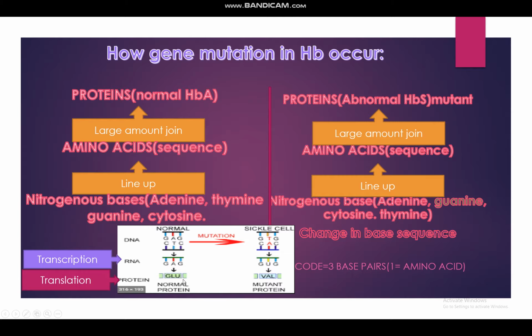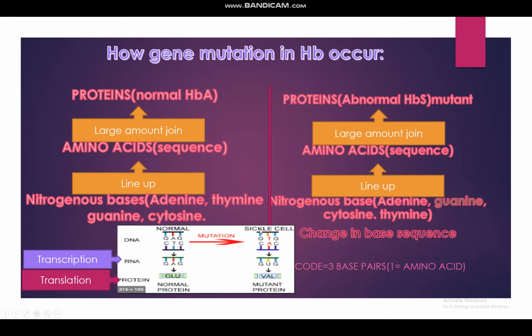Initially, in normal hemoglobin, the globin molecule has glutamic acid, the normal protein, and in case of mutation, this glutamic acid is changed to valine, the mutant protein, and due to this it causes the sickling of the cell.